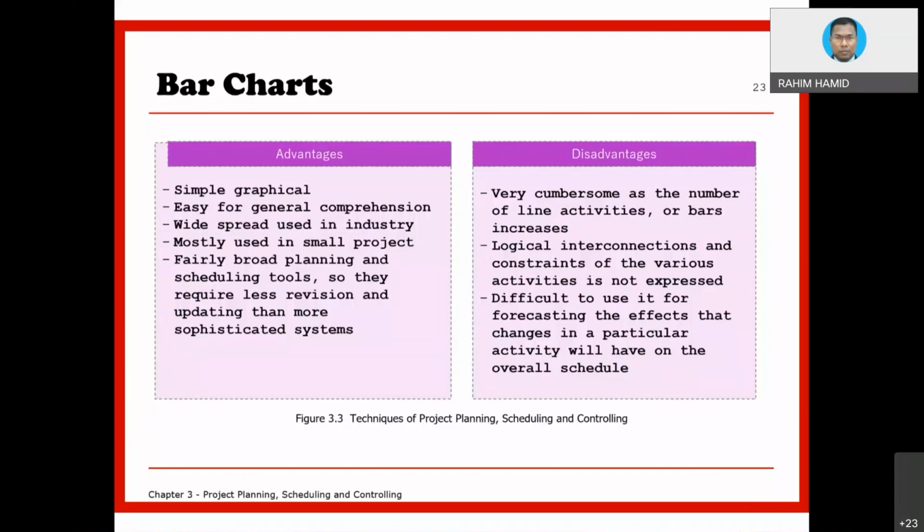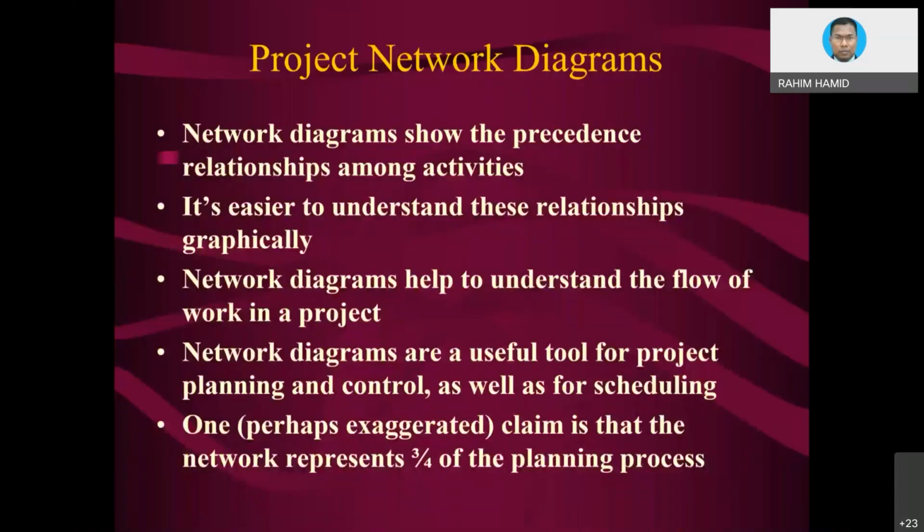Now we go into network diagram. Network diagram shows the precedence. Remember the word that I mentioned before, predecessor. The word predecessor basically comes from the concept precedent, meaning the activity that comes before. Before the start of an activity, what is that activity?